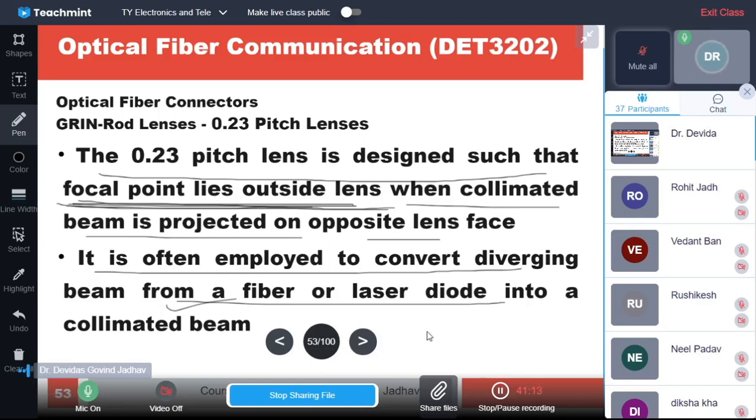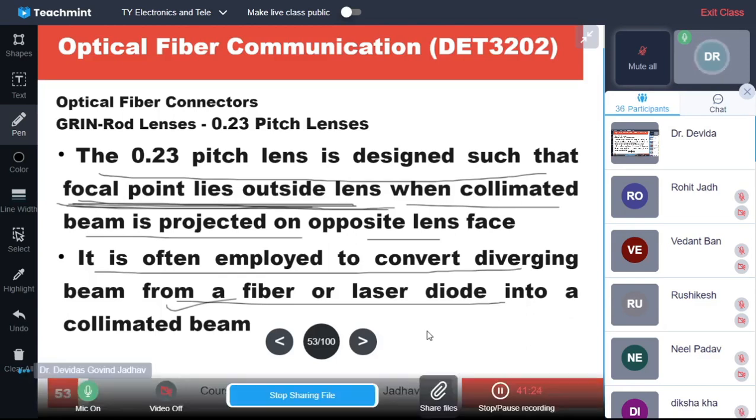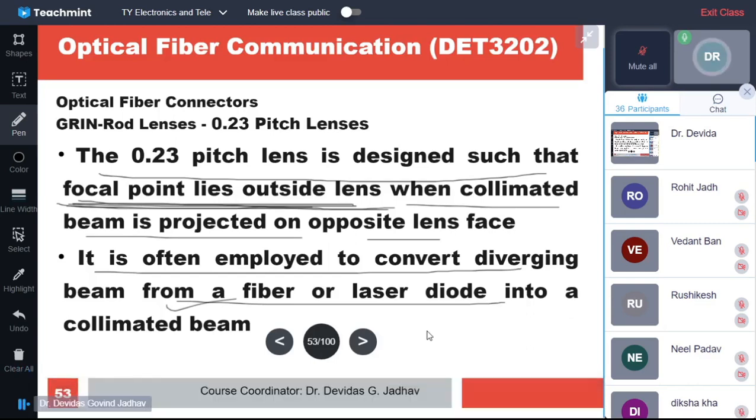Okay, so if we have a laser diode source, then that laser diode has the source point at the surface of the junction, or we can call it the semiconductor material surface, and there will be sealing, maybe glass sealing, in hermetically sealed devices there. Then there is a gap between the surface and the lens.